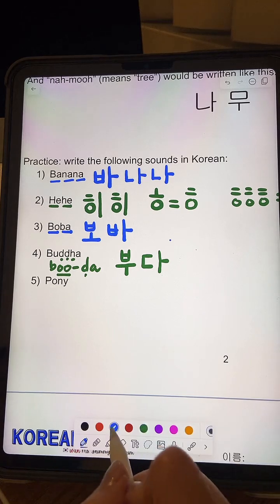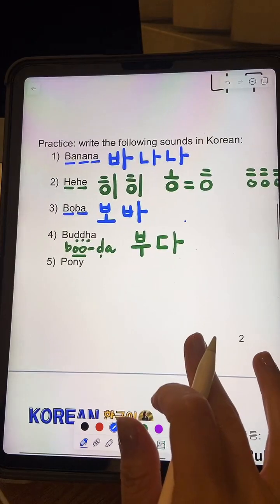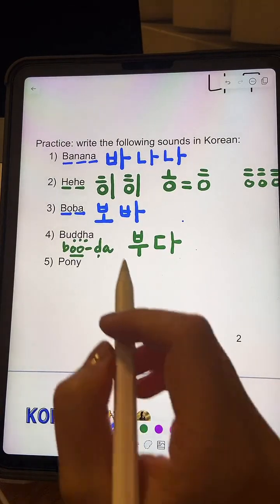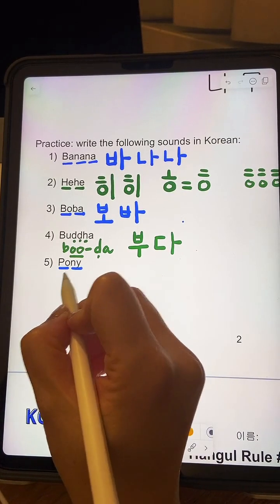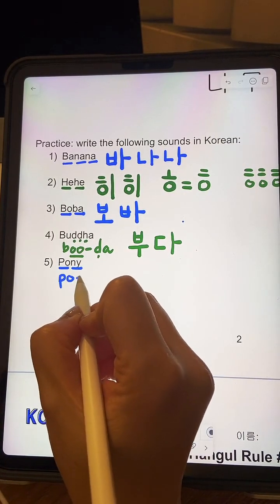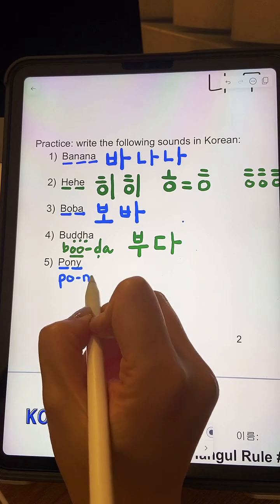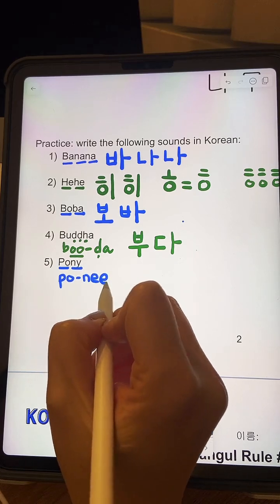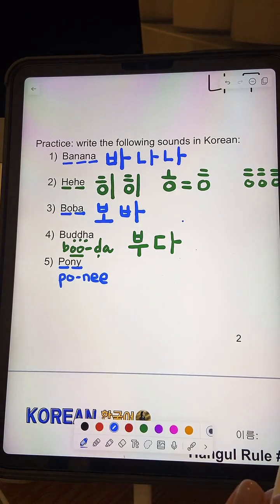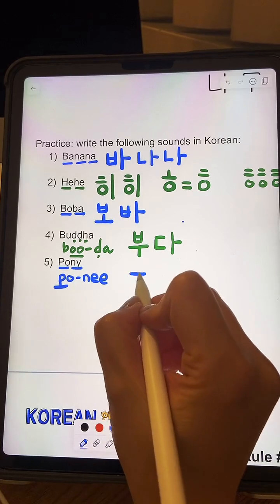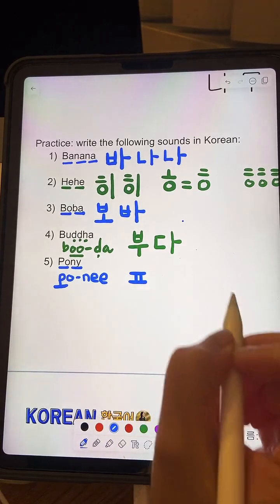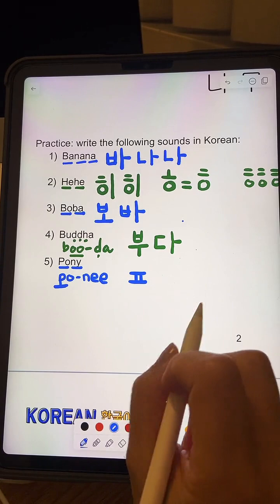Last one, pony. Just think about the sound. Po-ni. Like the Y is like the E, right? Pony. So close. Okay, we need the p. What's that one? It's this one, the one that looks like a pillar. Temi, good job.